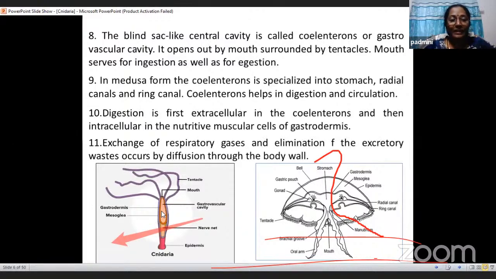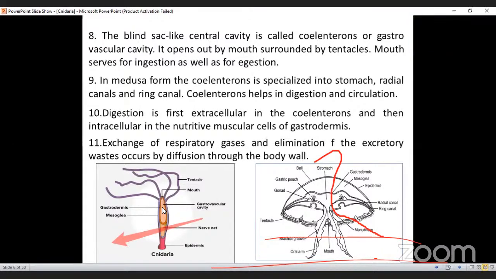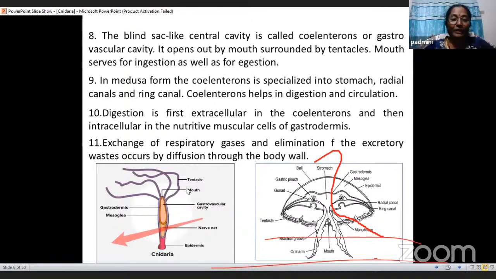When the tentacles catch food materials, they are pushed into the mouth, and from the mouth they go into the cavity, the coelenteron, and then the gastrodermis will help in digesting the food by the nutritive muscular cells.